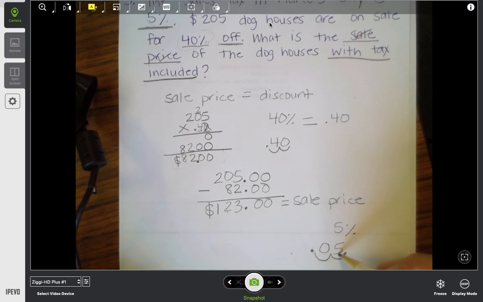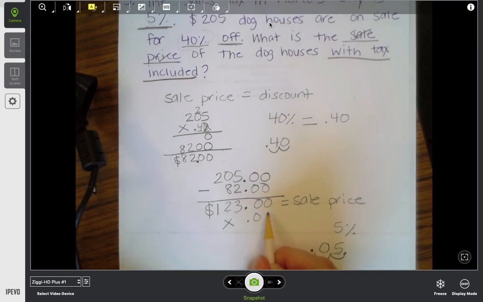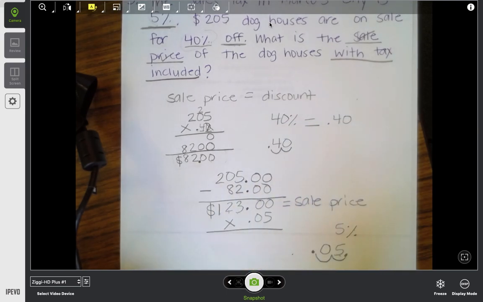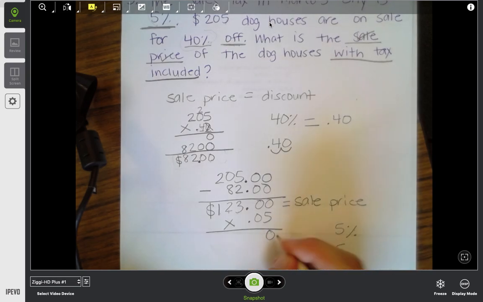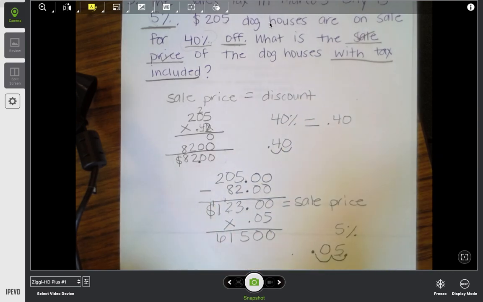Now, I can multiply my whole sale price by this decimal, and that will tell me how much I'm going to pay in tax. 5 times 0 is 0. 5 times 0 is 0. 5 times 3 is 15. 5 times 2 is 10, plus 1 is 11. 5 times 1 is 5, plus 1 is 6.